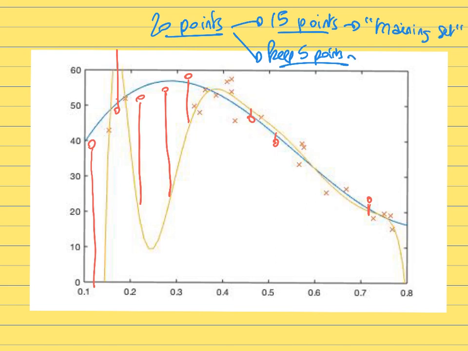And then we are going to keep those 5 points at the end, and we are going to pretend that those 5 points are future data, and we are going to see how well the model can predict those future data. And those 5 points, in this case, we are going to call the validation set, because we keep those 5 points to validate if the model is too complex or not complex enough.